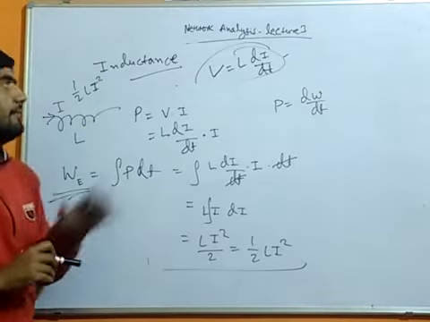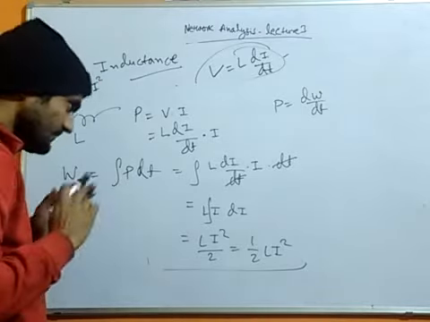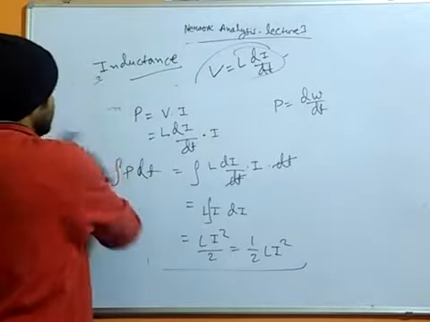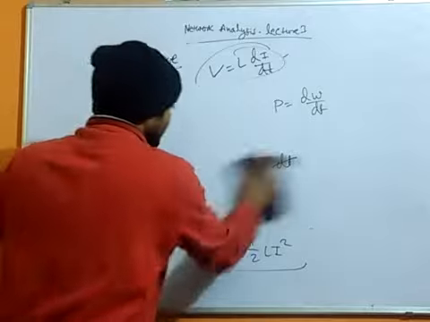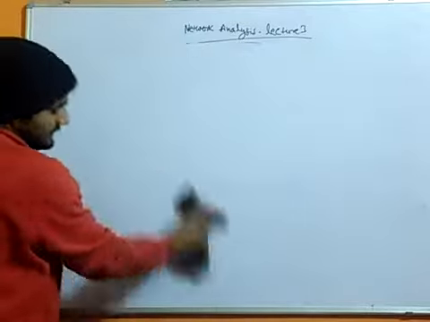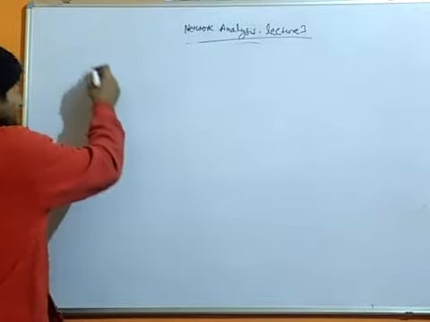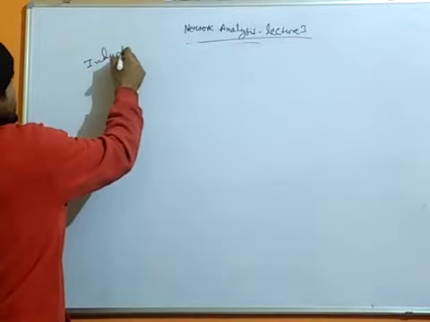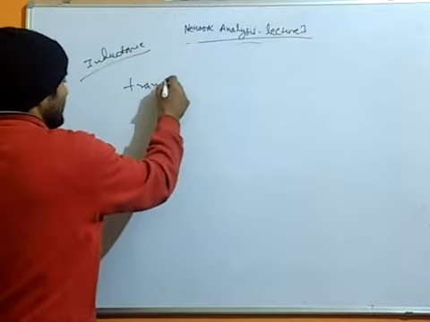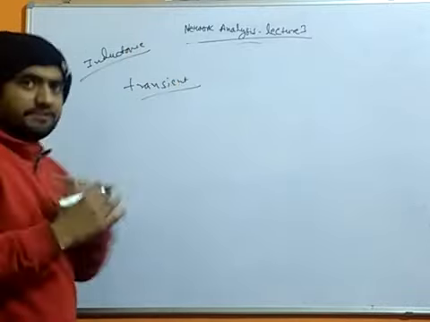So this is about the inductance. Now come to the very basic property of the inductance, means how it behaves at the transient point and how it behaves at the steady state point. So at transient point, transient means when there is some sudden change.